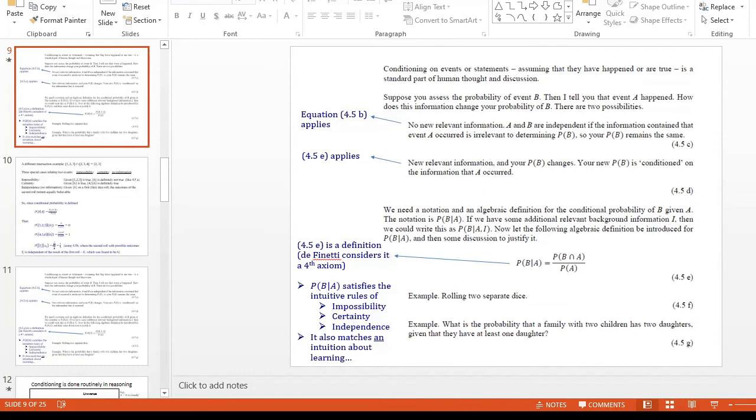Great, okay. Now, equation 4.5e for conditional probability does satisfy the intuitive rules which we need to apply in the three special cases of inference, which are impossibility, certainty, and independence. It's a law, so it's also true in the more complicated cases where there is some other general relation, but let's just first of all prove that conditional probability does obey intuitive rules for the necessary cases.